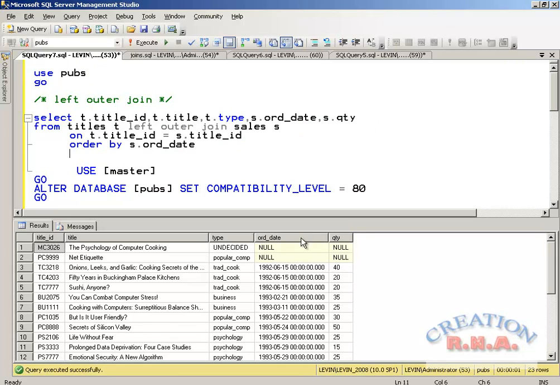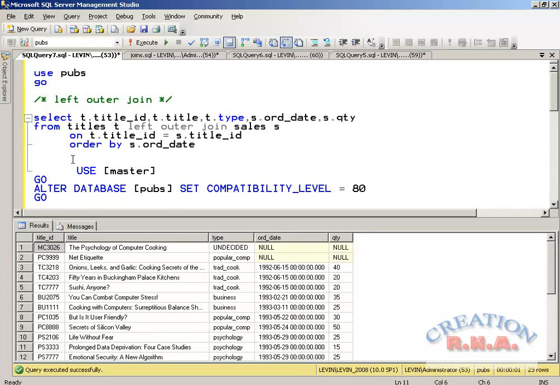These fields come from the sales table. You can see that all the records that have been matched in both the tables are being shown, but the records that don't match in the sales table but exist in the title table are also shown. That is what the left outer join means: the left side table would be shown with all the records irrespective of whether they match the right side table or not.